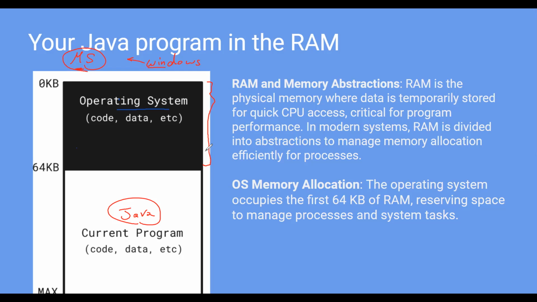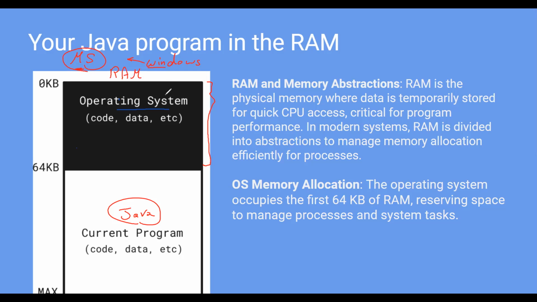As I said, once you press the power button, Windows starts loading. This loading process takes around 1 or 2 minutes. This process means that we are copying the operating system from the hard disk to the RAM. So this is the RAM, this is how the inside of the RAM looks like.